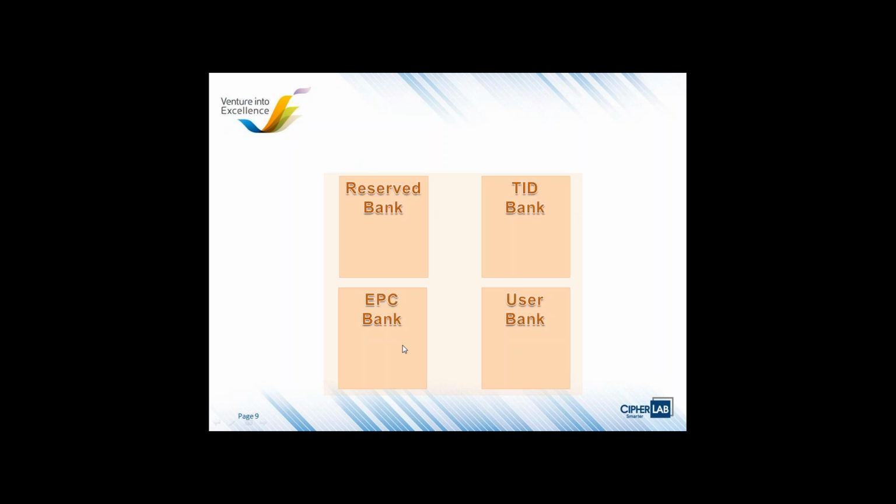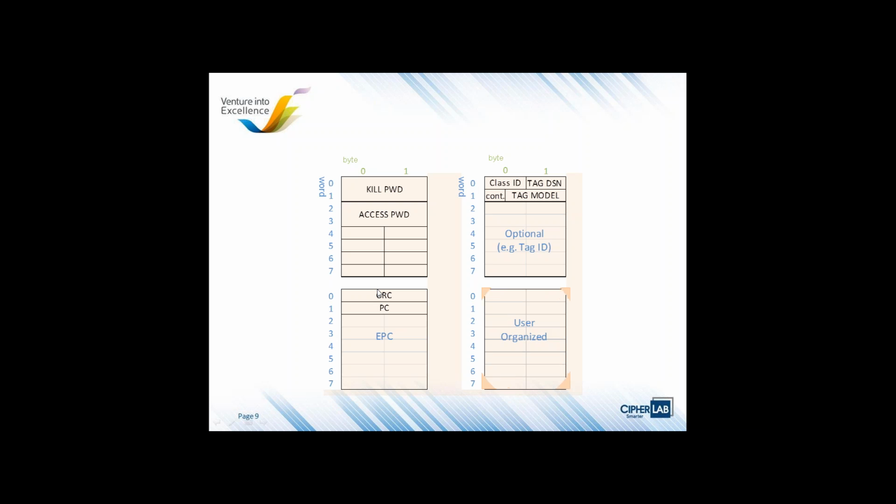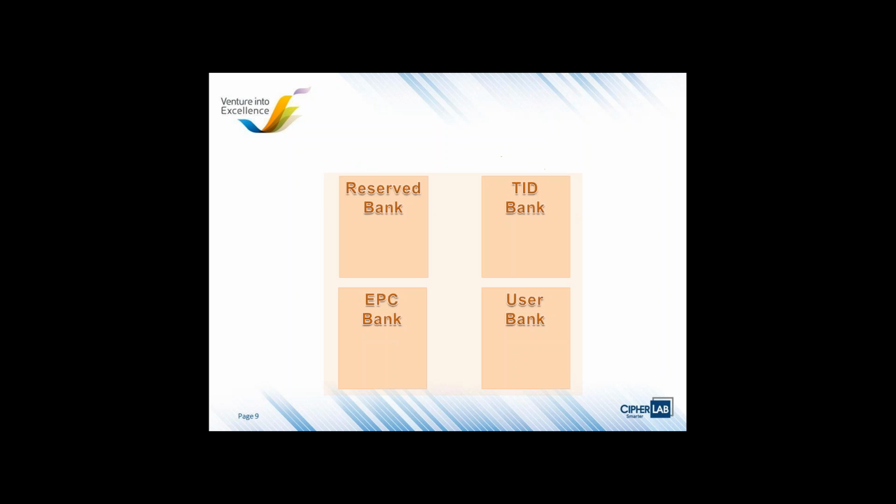And the second block is EPC memory. It includes three blocks: EPC, PC, and CRC. And I will tell you more in the next slide. And the third one is TID memory. TID is the tag ID.